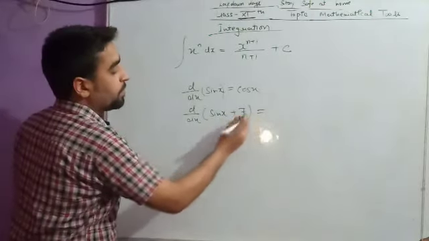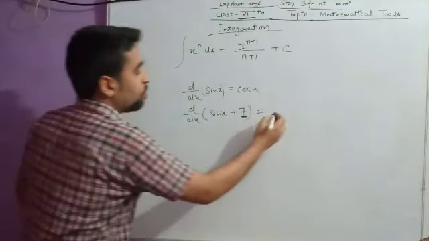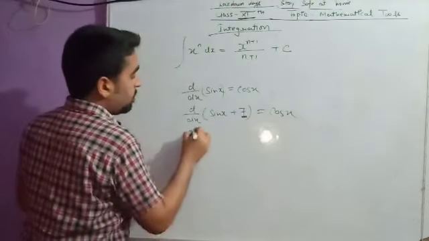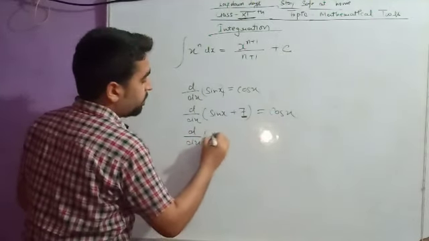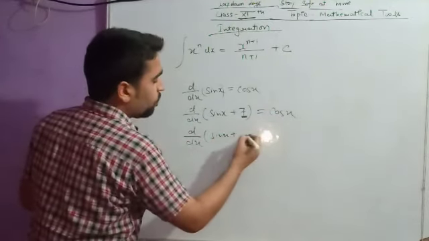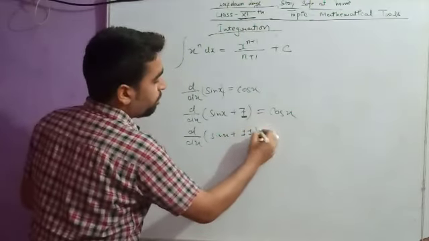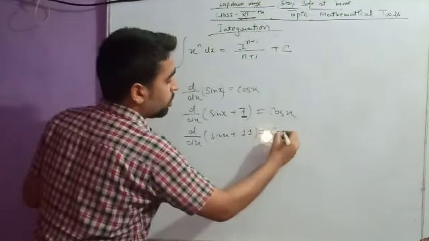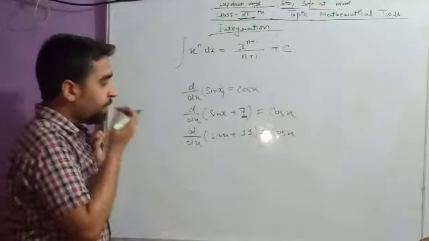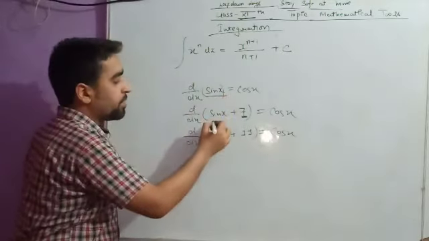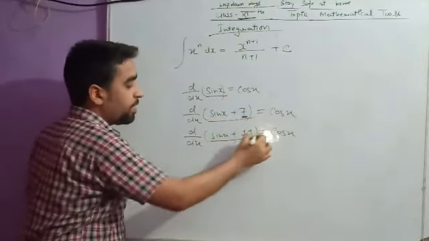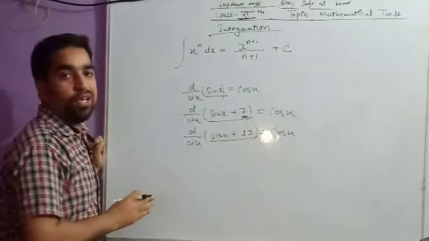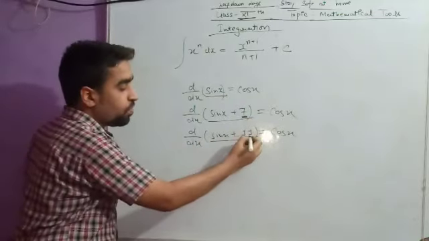Because the differentiation of a constant is 0, we will get cos x. Suppose we differentiate sin x plus any constant, say 11. What will be the answer? That will be cos x. So every time we differentiate either sin x plus 7 or sin x plus 11, we get cos x only. We are not getting that constant which was added.